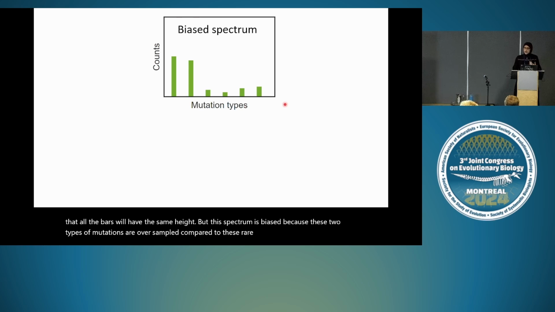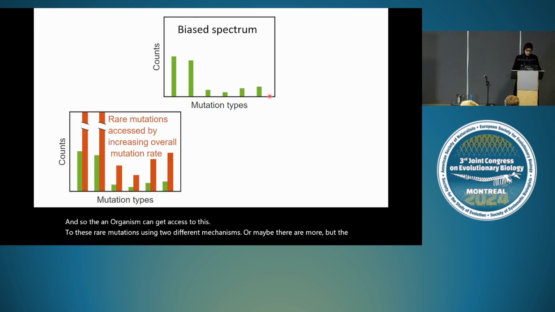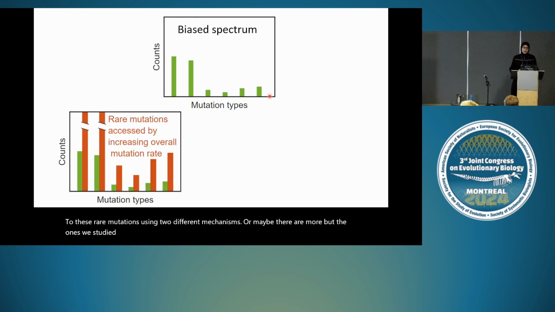And so an organism can get access to these rare mutations using 2 different mechanisms, or maybe there are more. But the ones we studied were, first, an increase in the overall mutation rate. This will give more sampling of these previously overrepresented classes anyway, but more importantly, it will give access to these rare mutations, which can be good for an adaptive population.